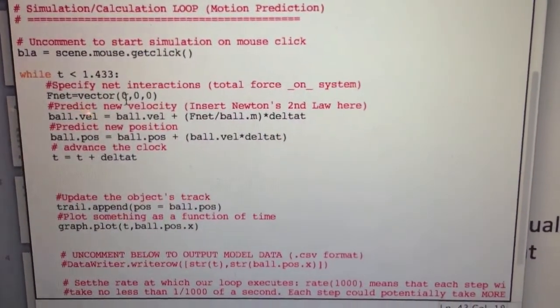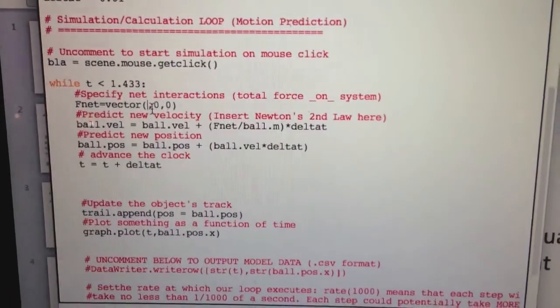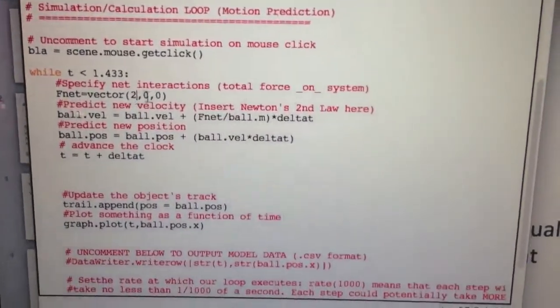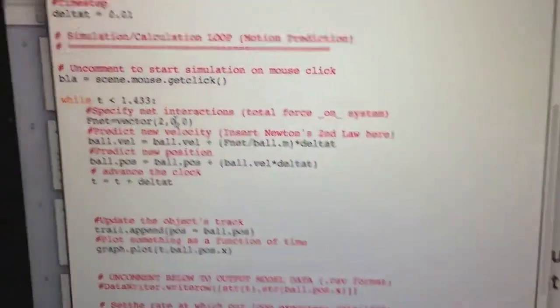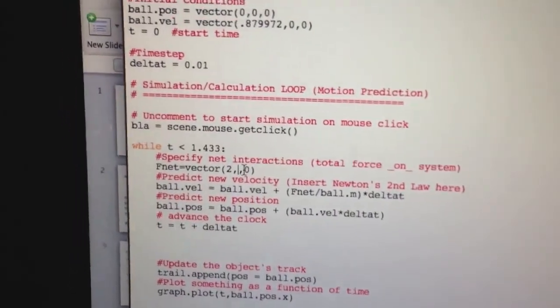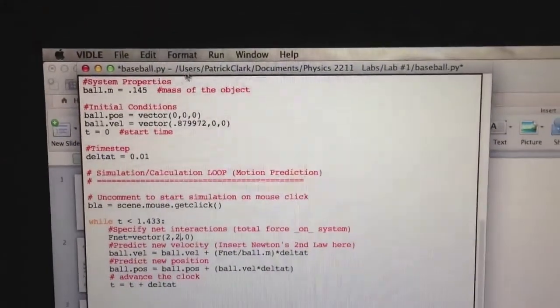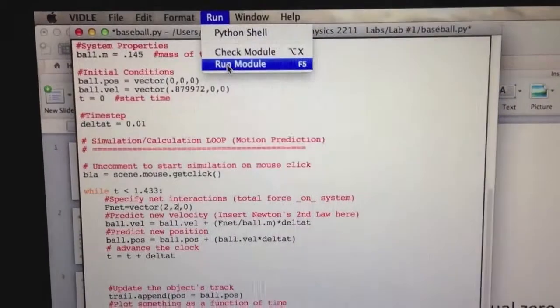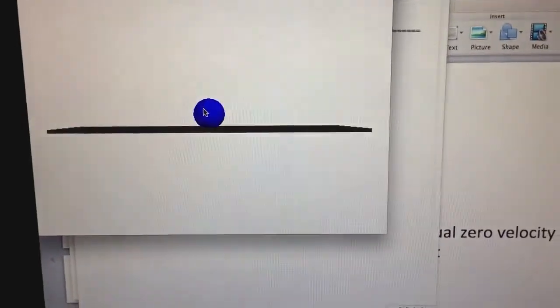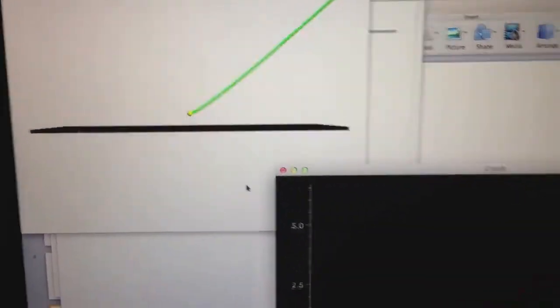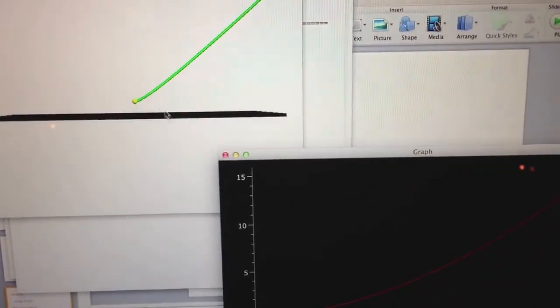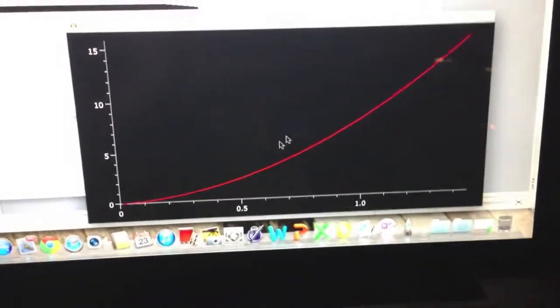So right here, instead of having no net forces, if we made this 2 in the x direction and 2 in the y direction, alright, we would see that there is no longer a constant velocity, but instead there is an exponential growth in the velocity over the change in time.